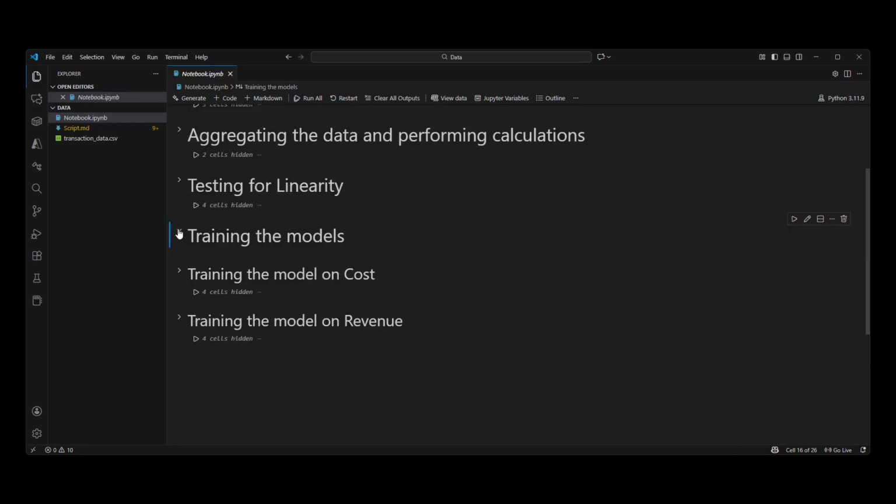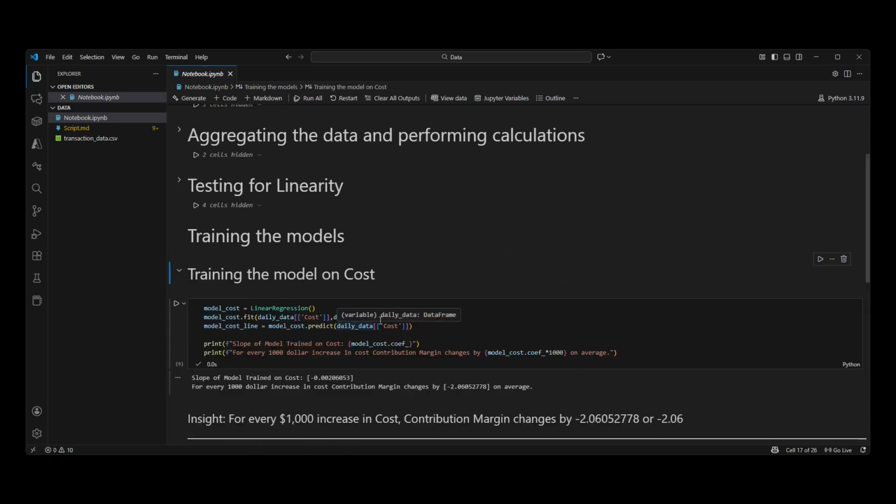So on to training our models. The first time I did it, I trained on cost, and I got the slope of the model, the coefficient, and what I found is for every $1,000 increase in cost, contribution margin changes by negative 2.06 on average.